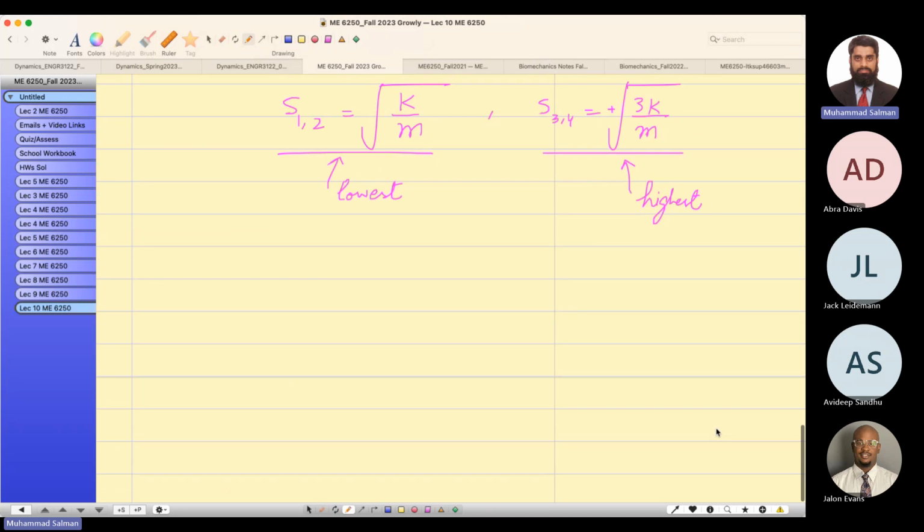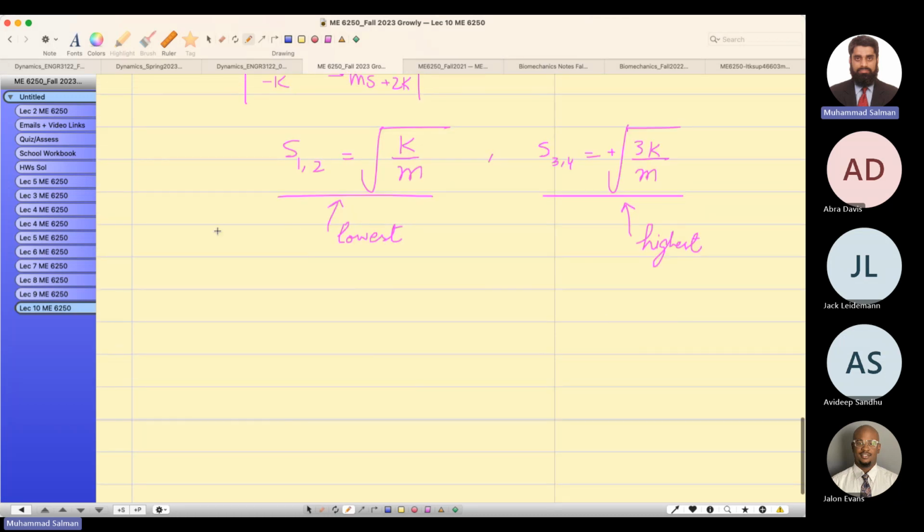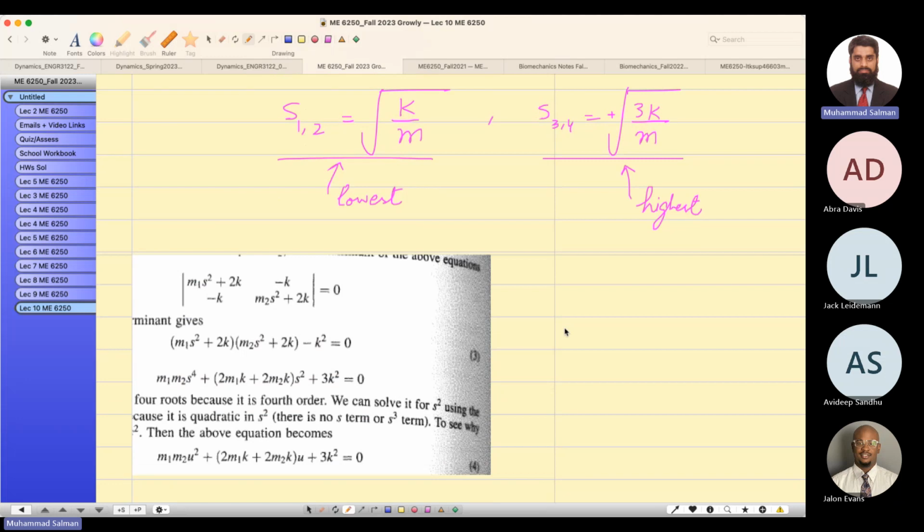I don't want to go into the depth of how to find out the roots. This is not difficult. Let me show you, cut and paste from this. When you go home, I would like you to just read this at home. Okay, this is not difficult. Can you do it at home?